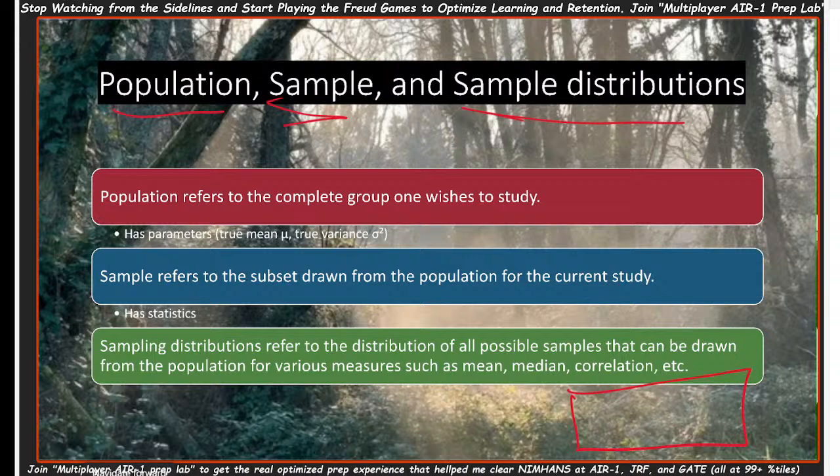So the population's metrics in terms of what is their central tendency, mean, median, mode, and how much the scores vary between each other, are called parameters. Okay, so we have a true mean. So for the population, there exists a true effect, which could be a mean, a mean difference, or variance. These are the true mean and true variance. And our sample that we have drawn is a possible reflection.